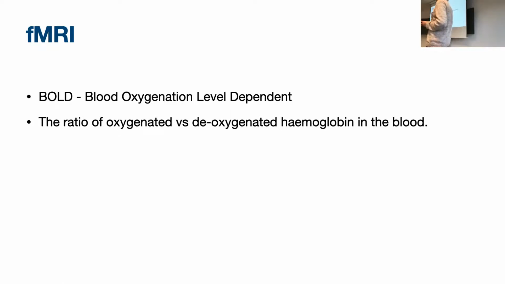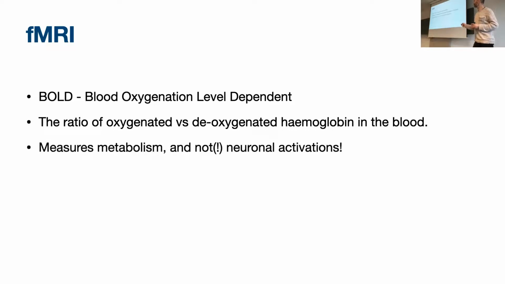So we're looking at the ratio of the oxygenated and the deoxygenated hemoglobin in the blood. And this is the thing that is so important to realize: it's an indirect measure of the neuronal activations that we would be interested in specifically. Those are the things that we're interested in, but we have only an indirect measure.